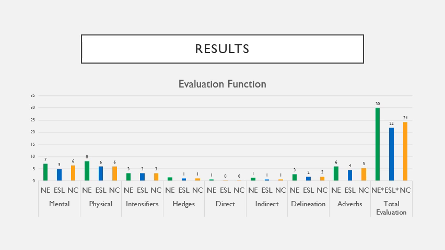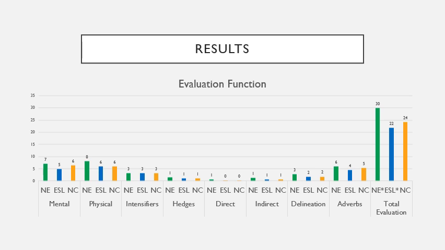For example, mental states, physical actions, intensifiers, hedges, direct and indirect reported speeches, character delineation, adverbs, and I also added them up to see if any general patterns would reveal. So when we look at these individual categories, we don't see any statistical significance.